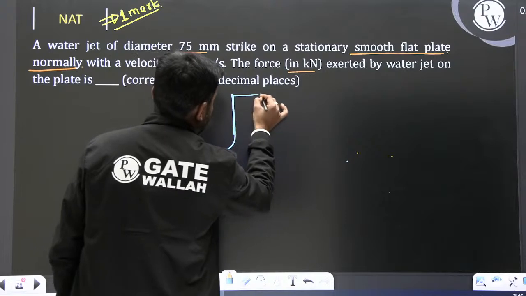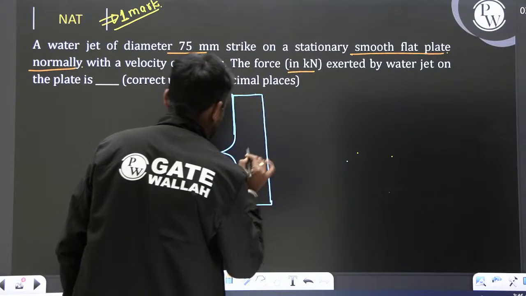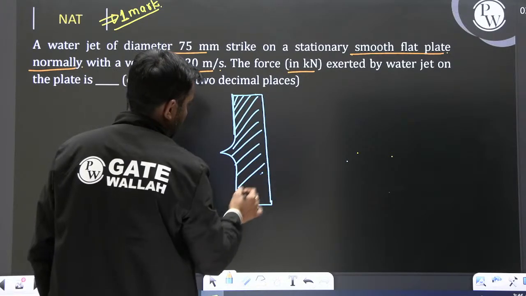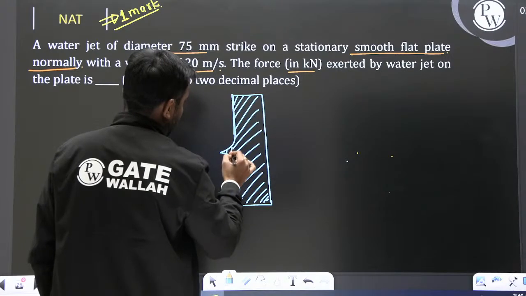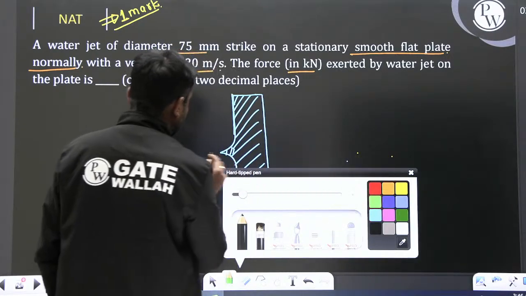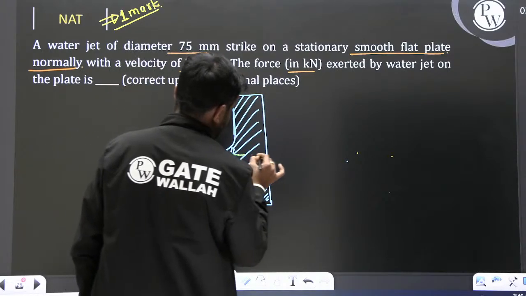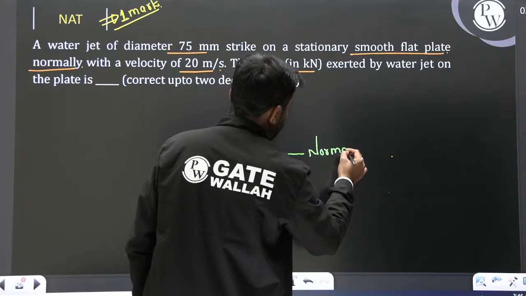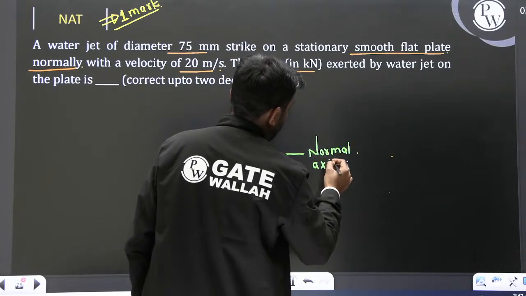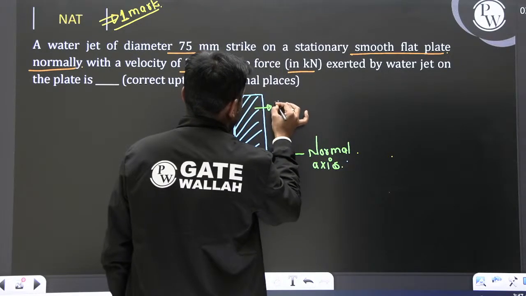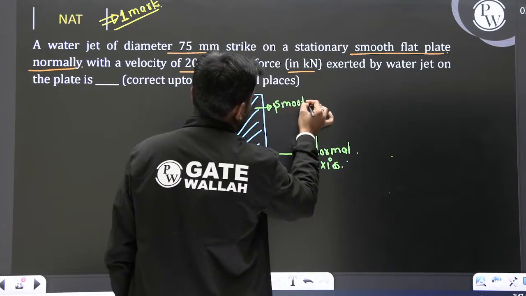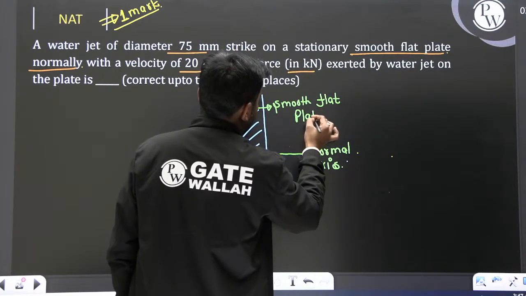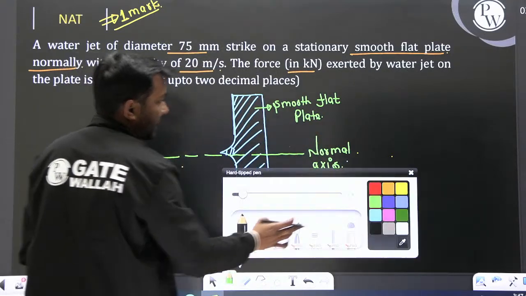This is our smooth flat plate, and at the center there is a splitter. One is a smooth flat plate, and the water jet strikes it normally.